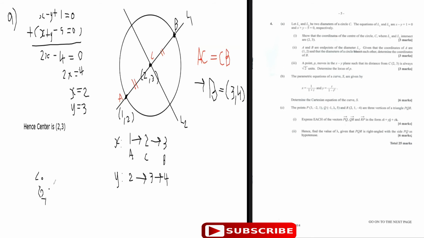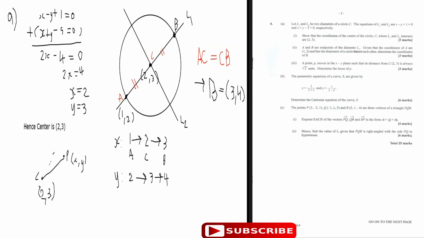And they're telling us that P could be anywhere, P could be here, but all they're telling us is that P is the point such that the distance from the center to P is √2.